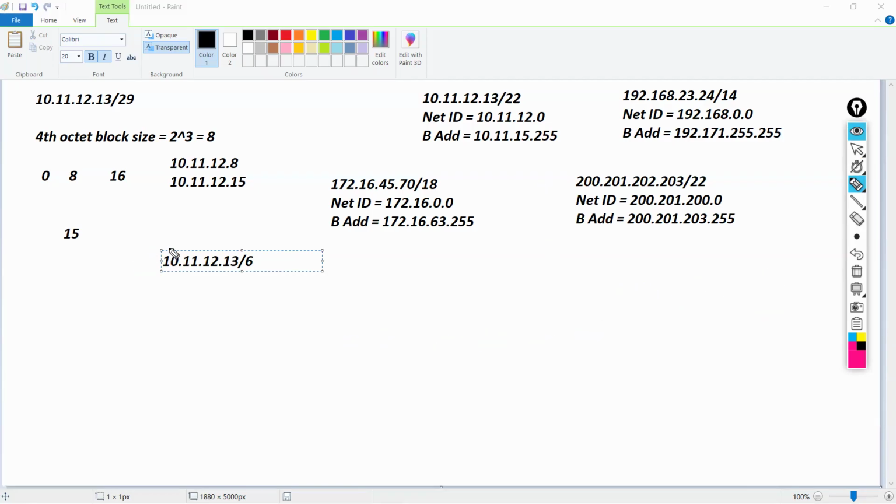Broadcast address, still find out. What is the network ID? What is the broadcast ID? Right or wrong, at least tell me. Doesn't matter.